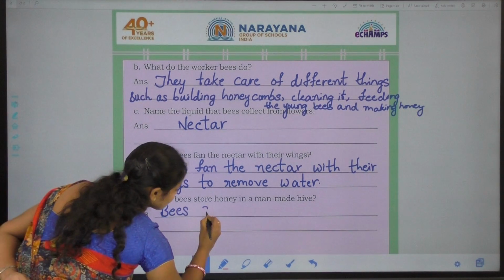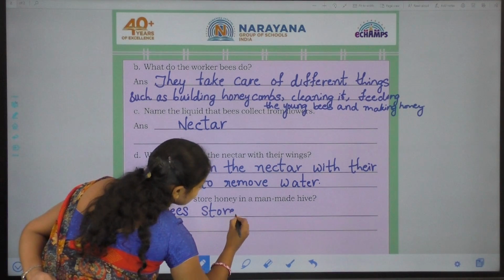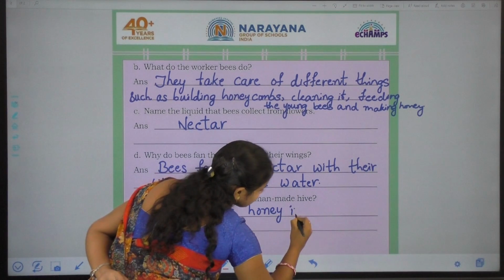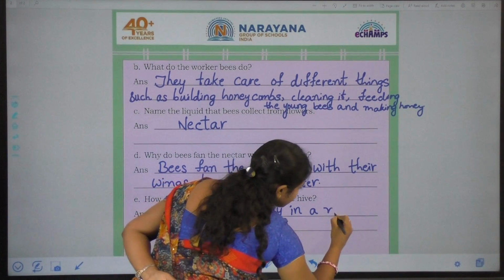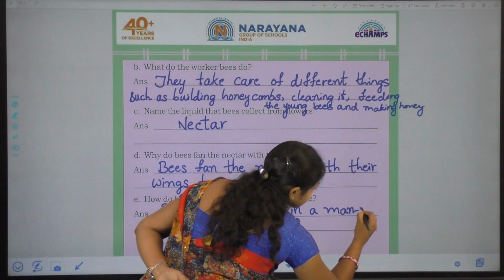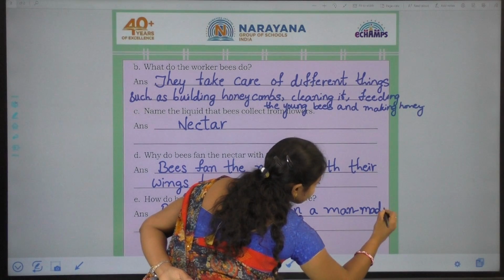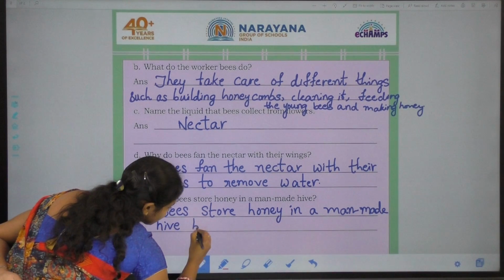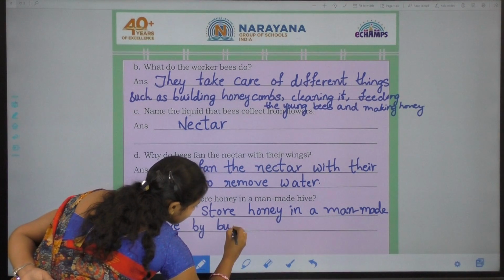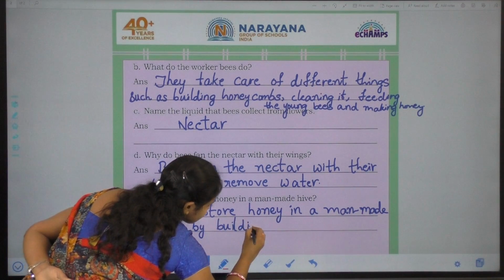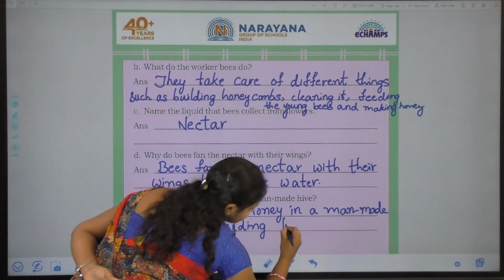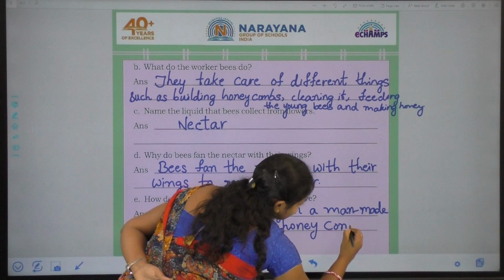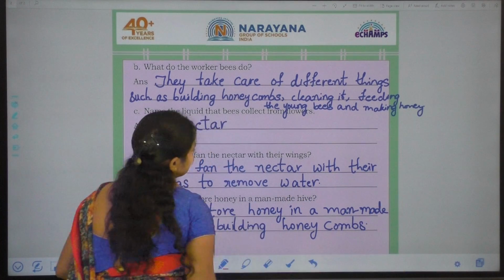Bees store honey in a man-made hive by building honeycombs. So children, this is the assignment.